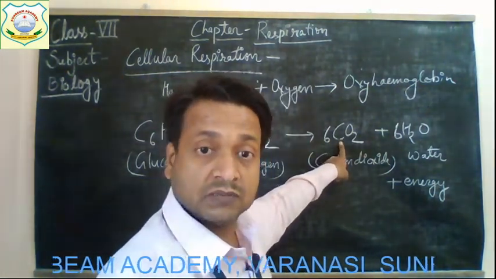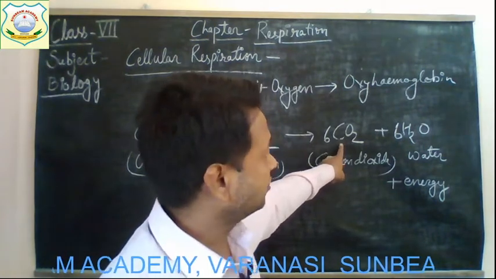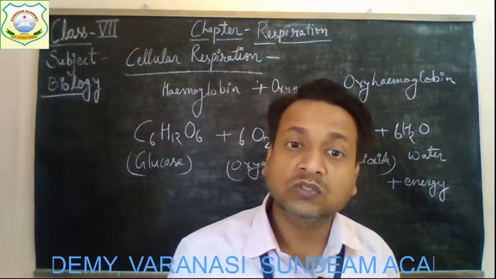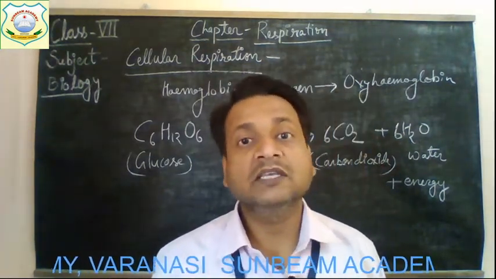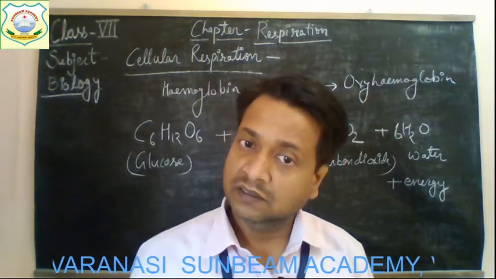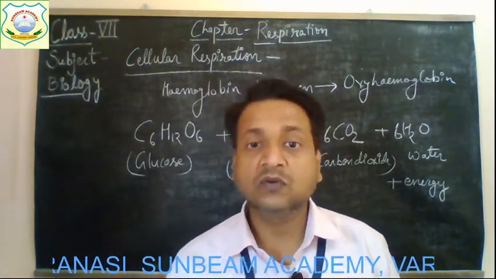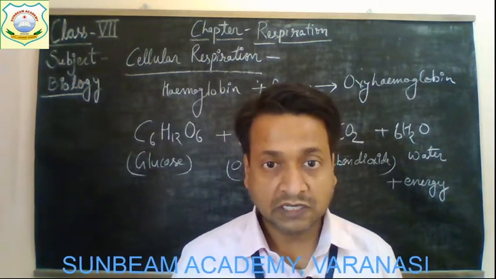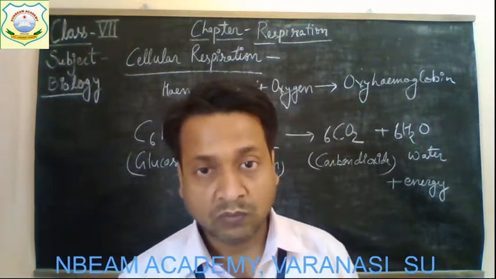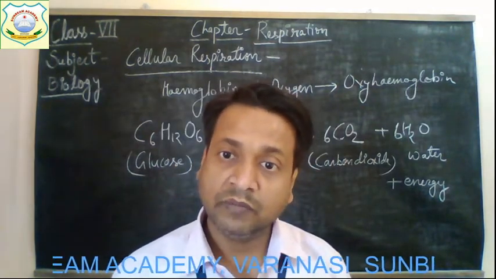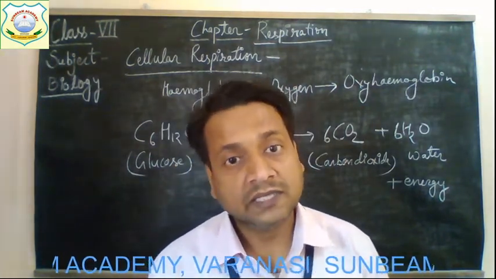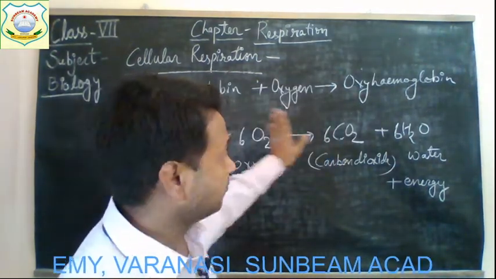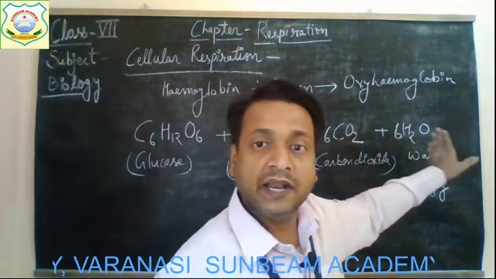The six molecules of carbon dioxide which are formed here move back through the blood and go to the lungs, and from the lungs they get exhaled. So this process is always going on. We inhale oxygen that combines with hemoglobin, forms oxyhemoglobin, and comes to the cells of our body, and here it reacts with glucose and forms carbon dioxide, water, and energy.